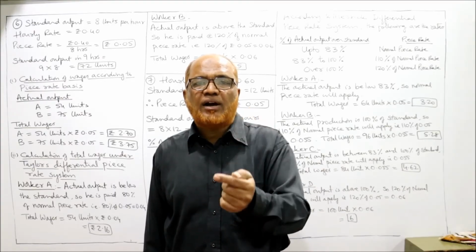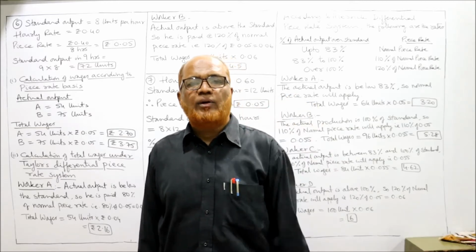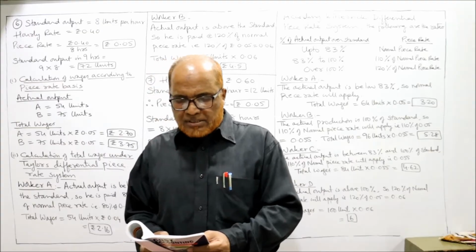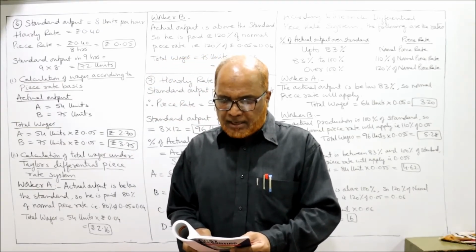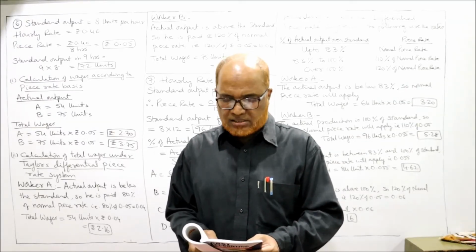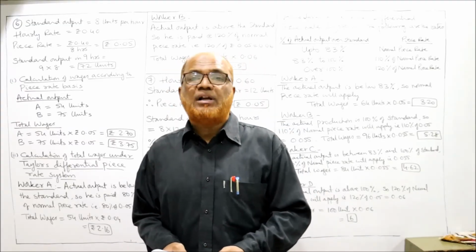So 40 paisa divided by 8 units, 0.40 divided by 8 units, we'll get the piece rate. Now, piece rate at or above standard. In a 9-hour day, the day consists of 9 working hours, A produced 54 units and B produced 75 units.